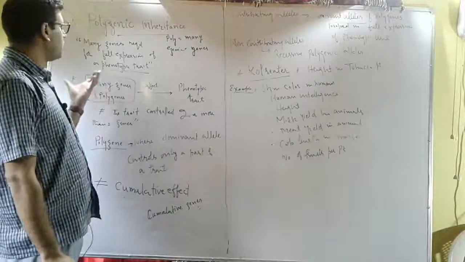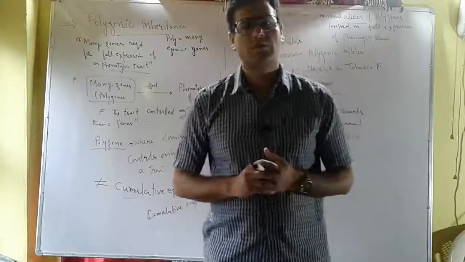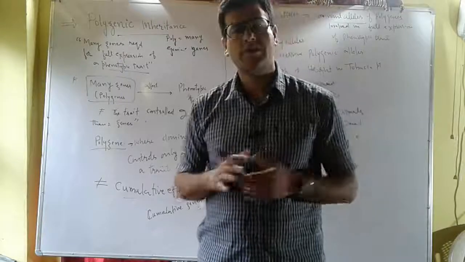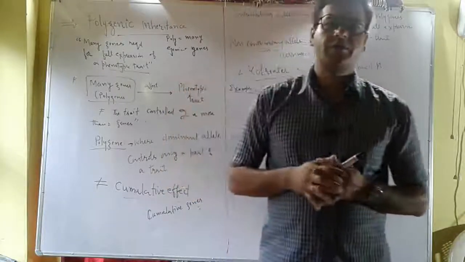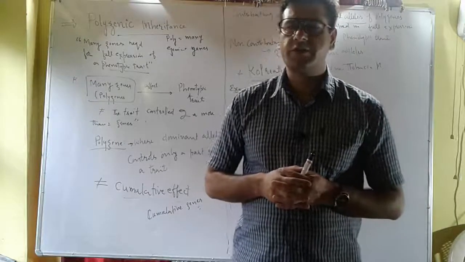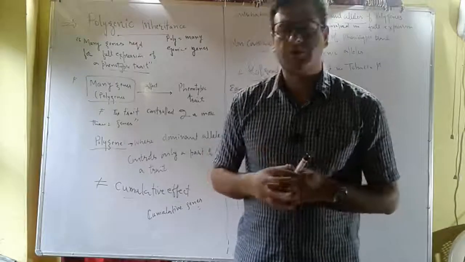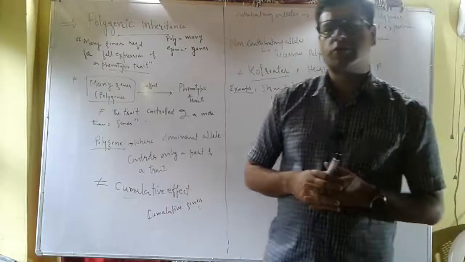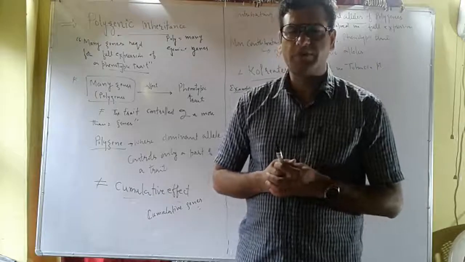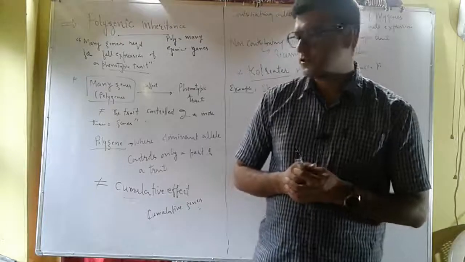So how can we define polygenic inheritance? Polygenic inheritance means that when two or more than two genes control a phenotypic trait, this is called polygenic inheritance. That means here many genes are required for the full expression of a phenotypic trait, and the genes whose dominant alleles are involved in the full expression of the trait are called polygenes.